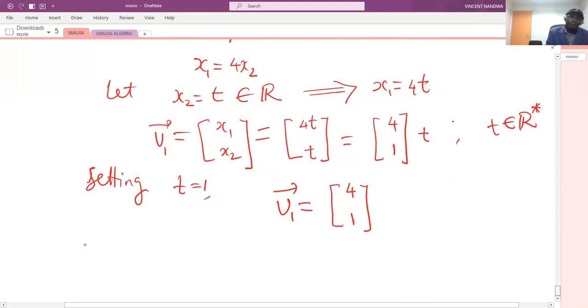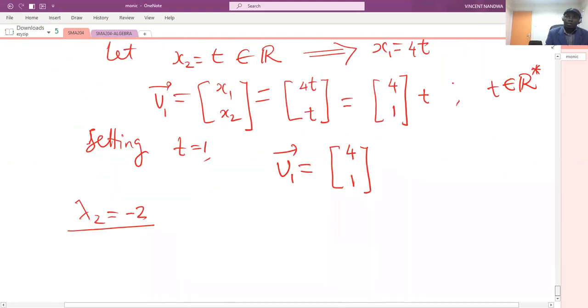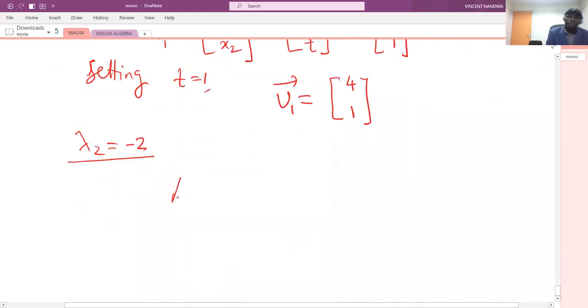And then for lambda 2, which is minus 2, from our calculation, we'll also have A v2 equals lambda 2 v2. Still, v2 will also be of the form x1, x2.